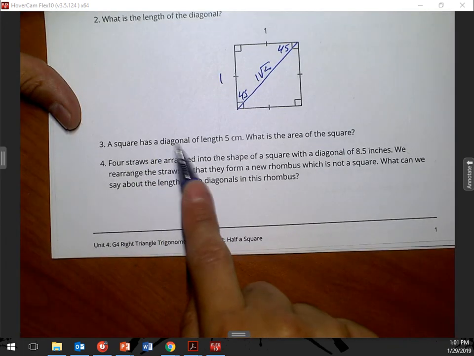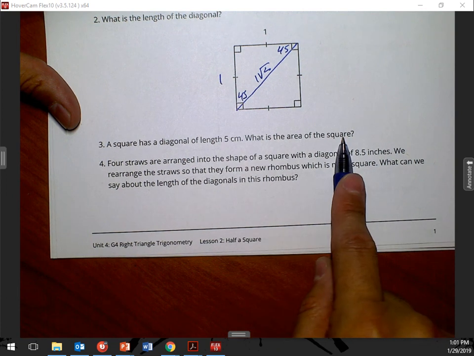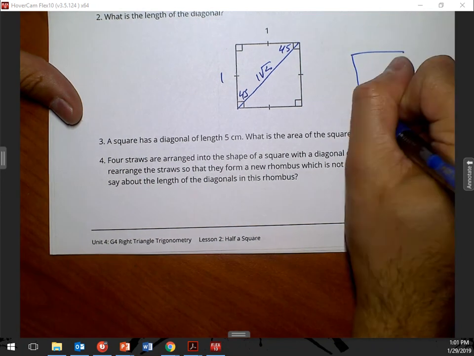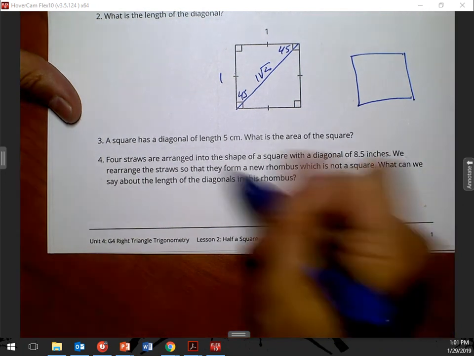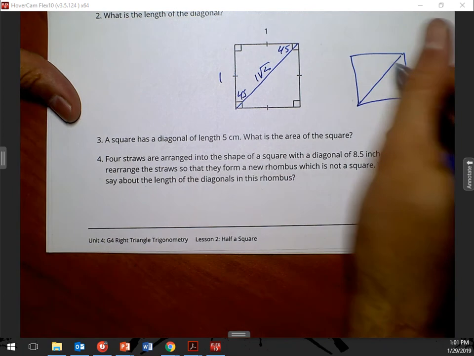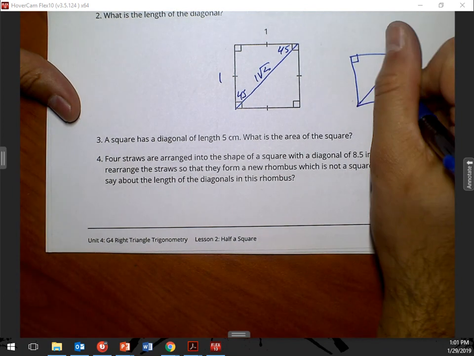A square has a diagonal of 5 centimeters. What is the area of the square? So I'm going to draw another one right here, just so you can see. It says the diagonal is 5. Kind of like this square, it's also going to be a 45, 45, 90.